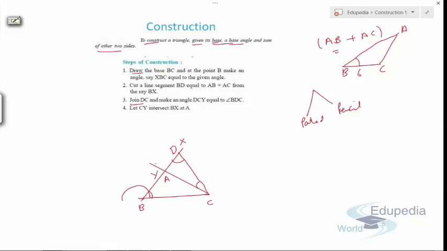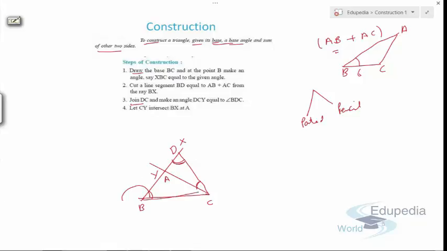So this is how we have to make an angle such that angle DCY equals angle BDC, right? Now let CY intersect BX, this line, at A, right? So this is a point A. Now we have the required triangle ABC. So this is how we can construct a triangle when a base, a base angle, and the sum of the other two sides are given.